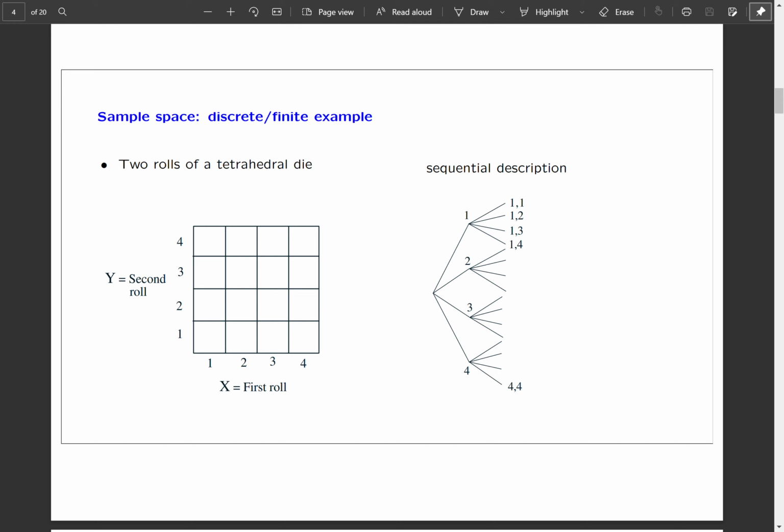If that's the case, we can ask a question: what is the sample space for this experiment? We'll create a sample space in the following way. The first step is to create a 4 by 4 matrix, as shown in the graph on the screen.